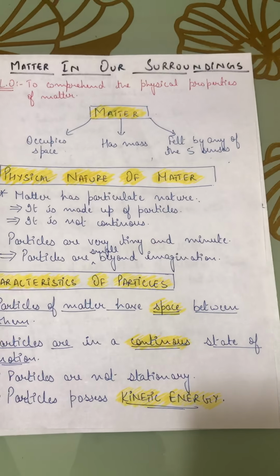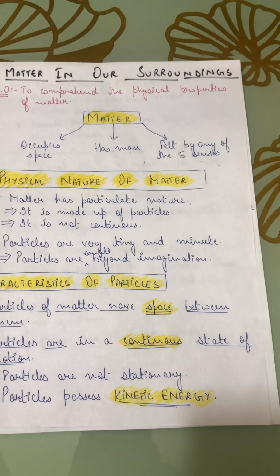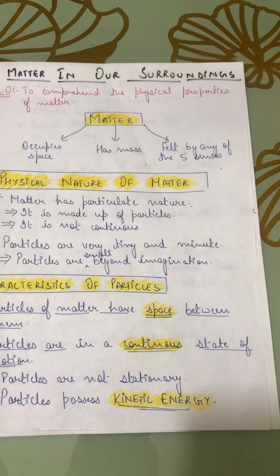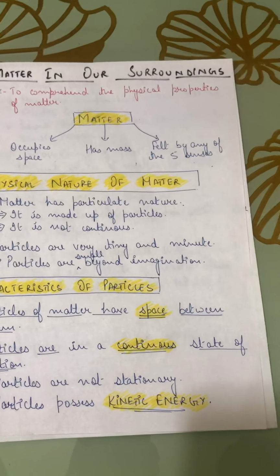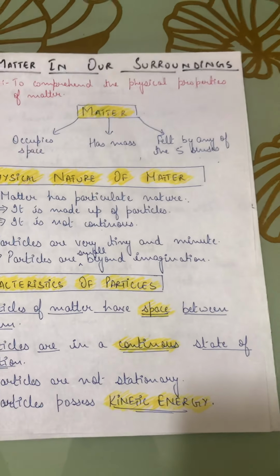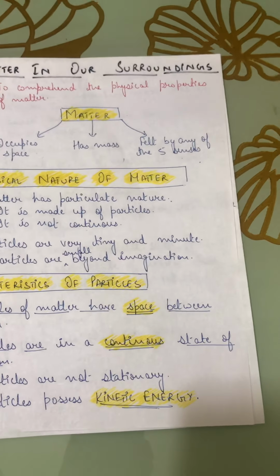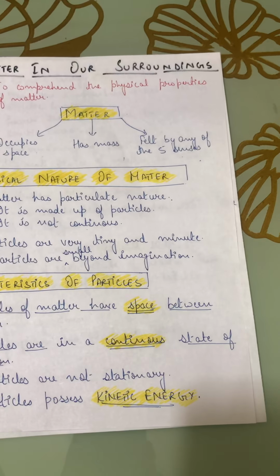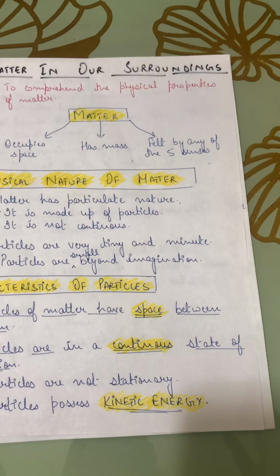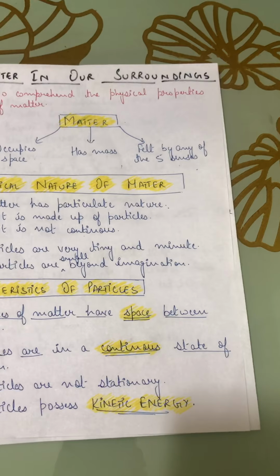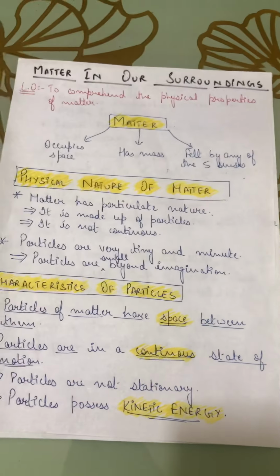This intermixing is possible because the water particles had spaces in between them, and when you added salt to it, those spaces were filled in by the salt particles. So this proves that every state of matter has spaces in between the particles. The amount of these spaces varies from one state of matter to another, which we will study in the next part of the chapter.